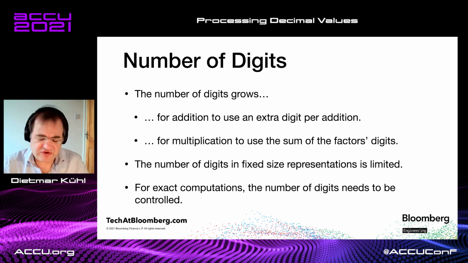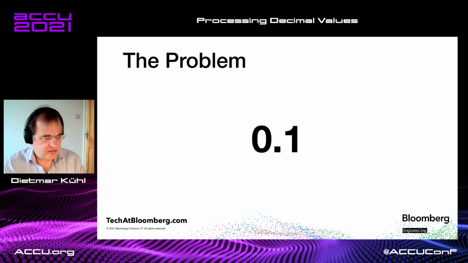So if I add all of these things up, for example, or add and multiply with an integer, I get all the same number of digits. So there's reasonable control, we don't run out if we have a reasonably sized thing. So where's the problem actually? Here's a problem, 0.1. This looks nice and simple, and actually, what can possibly go wrong?